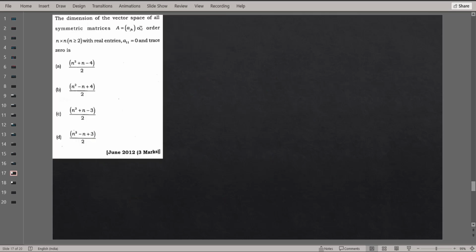The dimension of the vector space of all symmetric matrices A of order n cross n, n greater than or equal to 2, with real entries, a11 equals 0 and trace 0, is? So we know that the dimension of real symmetric matrices is n(n+1)/2. Here a11 is 0, so one unknown is known, so we subtract 1.